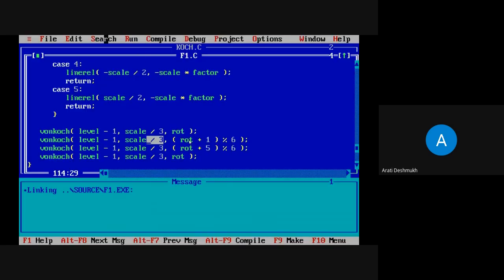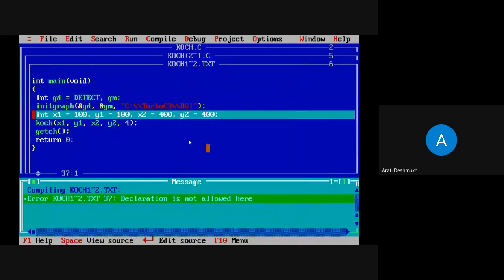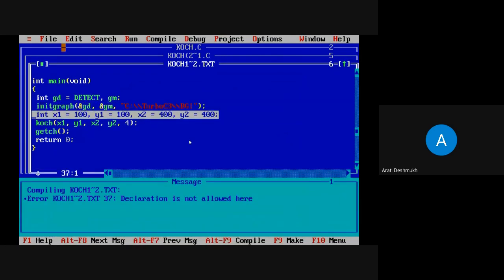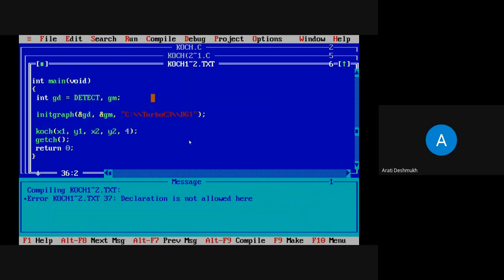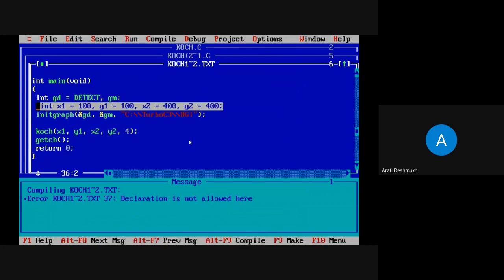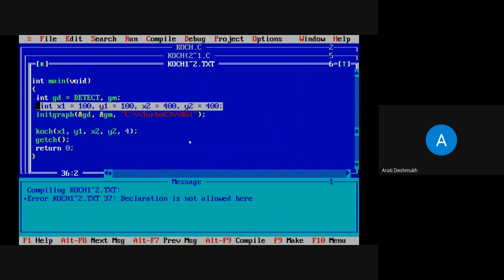If we say a simple Koch curve, it is a level 5.